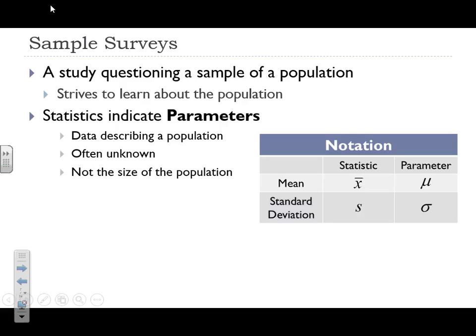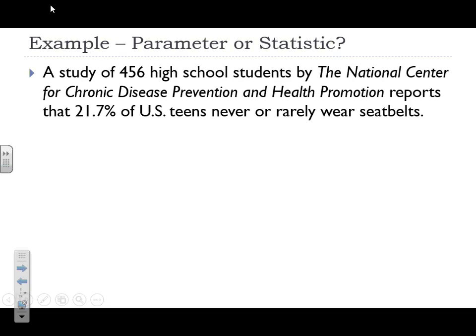So the notation itself can tell you what type of value it actually is, statistic versus parameter. Okay with that? Okay. So let's do a couple examples here.